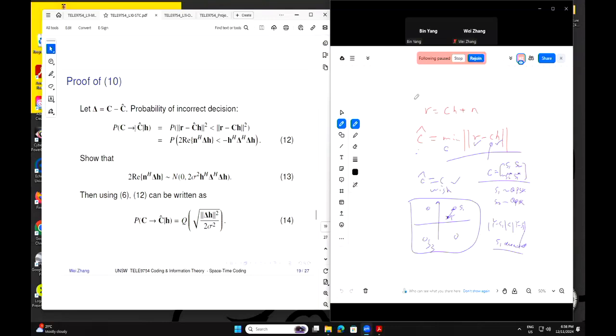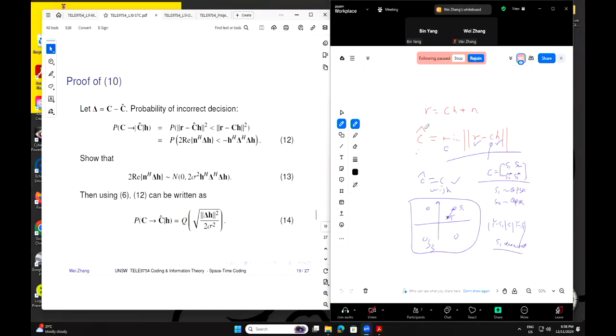The Gaussian has a larger variance, so there is a chance that the Y value is far away from S3. So that is possible. Y is far away from S3, so you mistake Y as S1 and get the wrong detection.